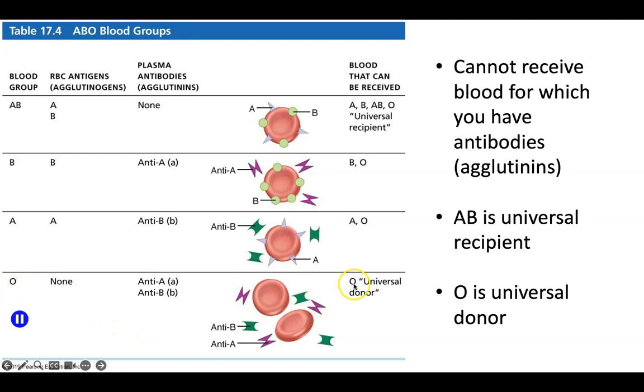This is why we call people with type O blood universal donors, because anyone can receive type O blood. And that's because it doesn't have any of those antigens on the red blood cell surface that are going to be reactive in the person receiving the transfusion.